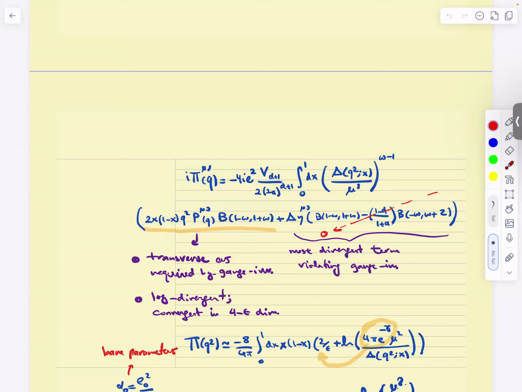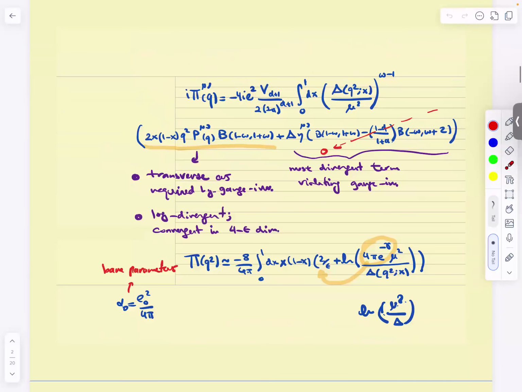So this term was log divergent. The second term diverges like lambda squared, like the cutoff squared, and it awfully violates gauge invariance as well. We saw that it cancels out. It was important, right?